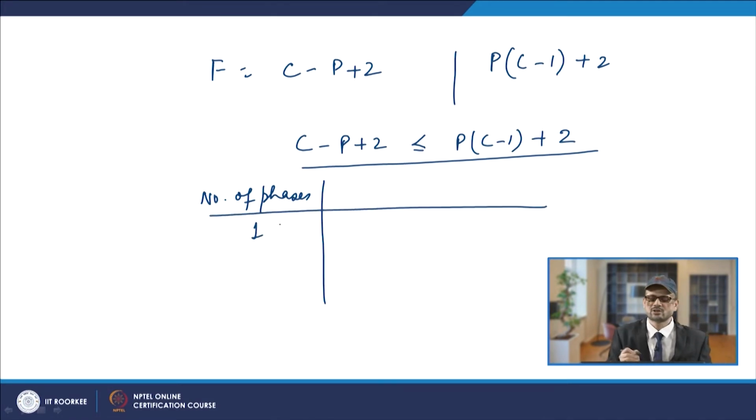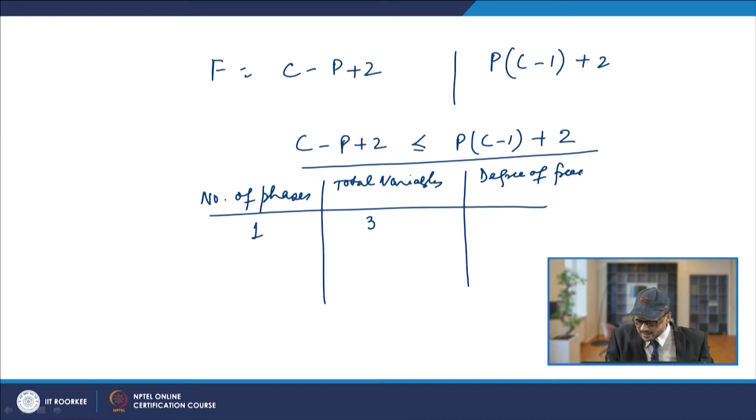In that case your total number of variables is C minus 1 plus 2, so you will have 3, and you will see that the degree of freedom value will be 3.